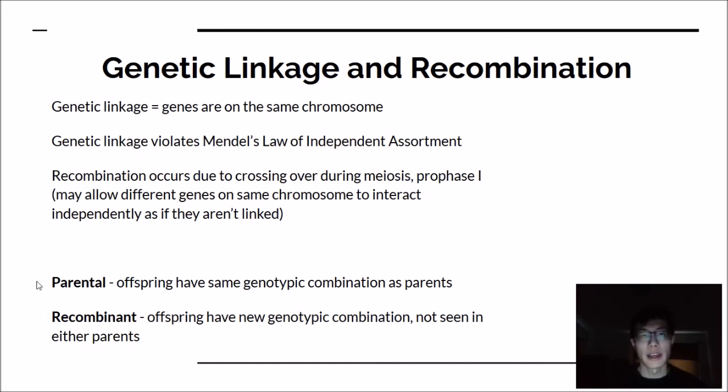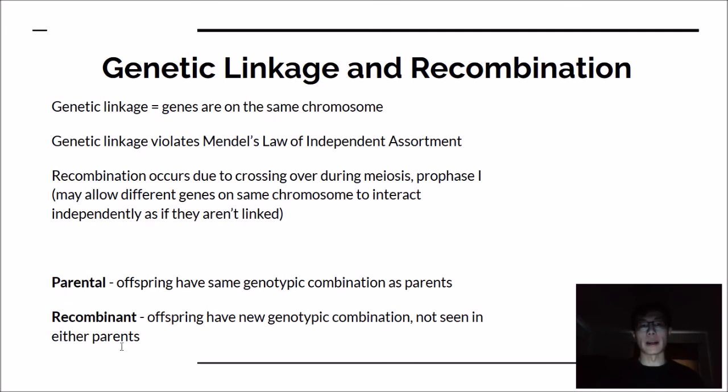Recombination can cause differences in the offspring that are not necessarily seen in the parent. So if you get offspring from a cross and the parental traits show up, so offspring have the same genotypic combination as the parents, then you just have a parental effect.